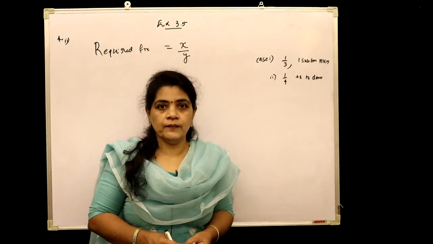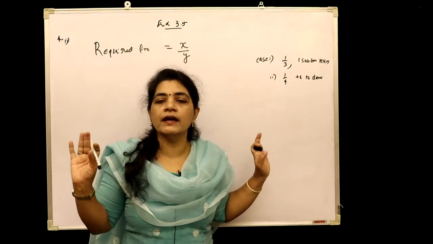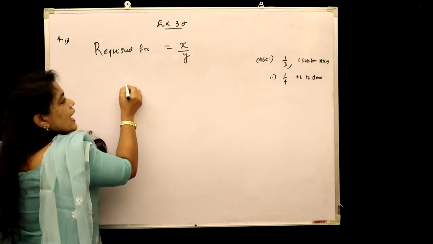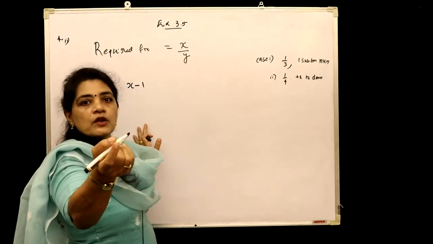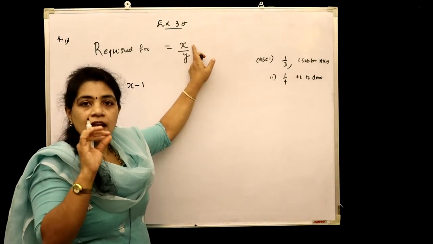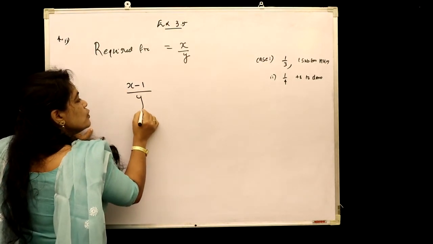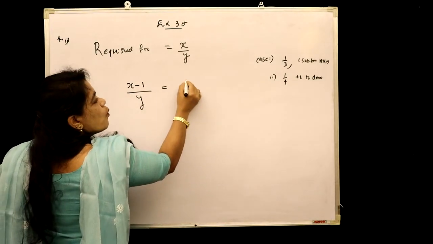So we are subtracting 1 from its numerator only, keeping its denominator as such. That is x minus 1, as 1 is subtracted from the numerator, and no change in y, the denominator. So it becomes 1 by 3.